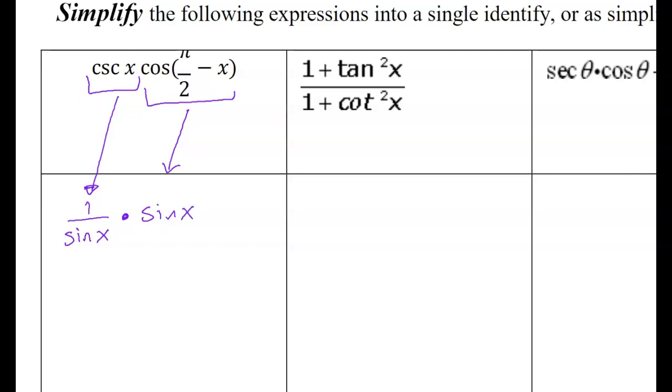Can this be further simplified? Yes, Jeff. Why?